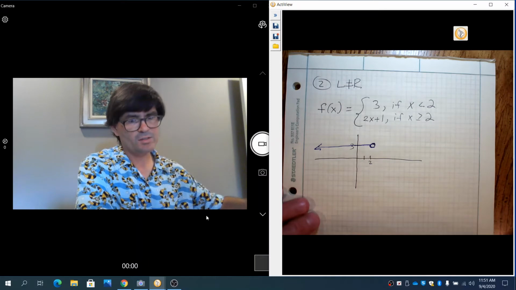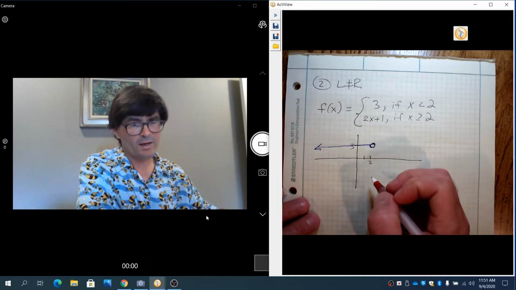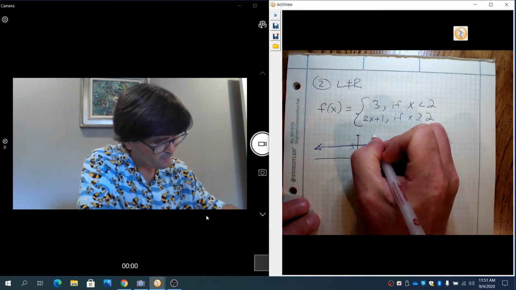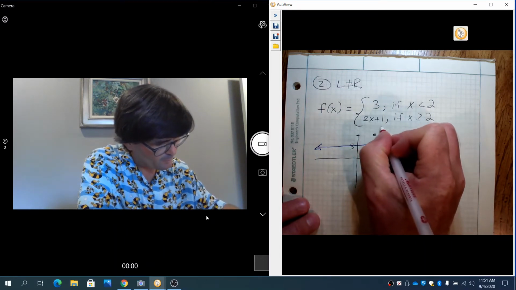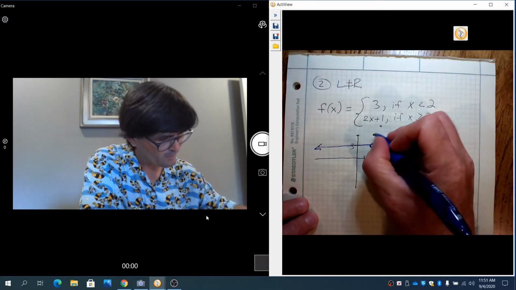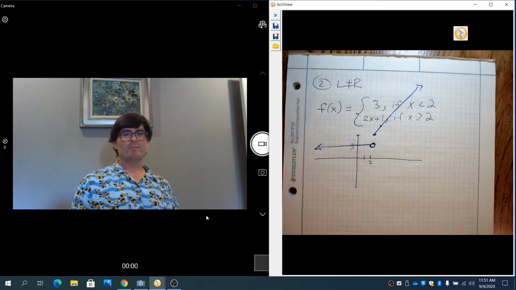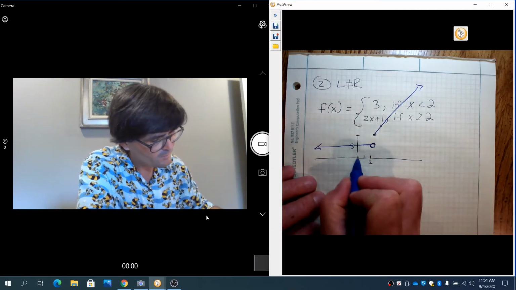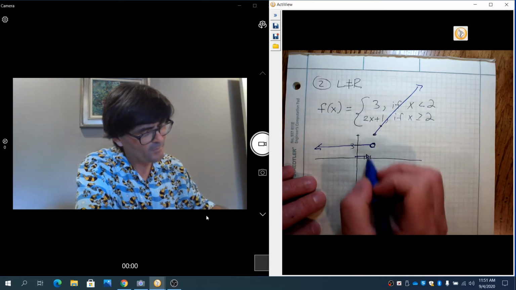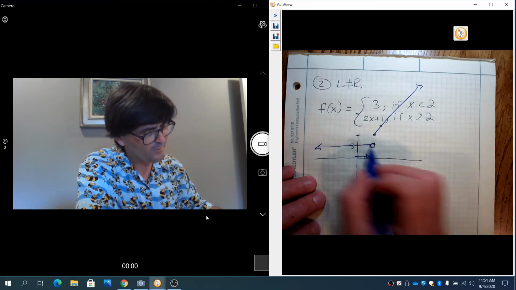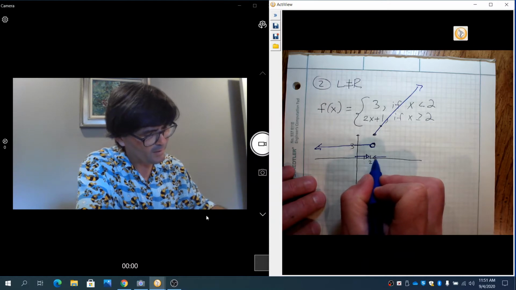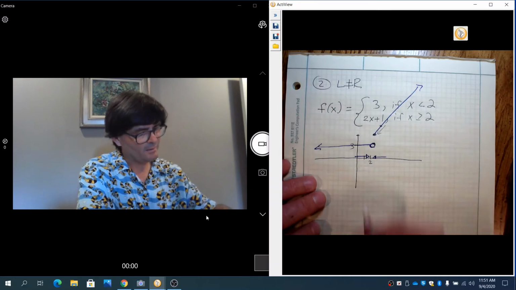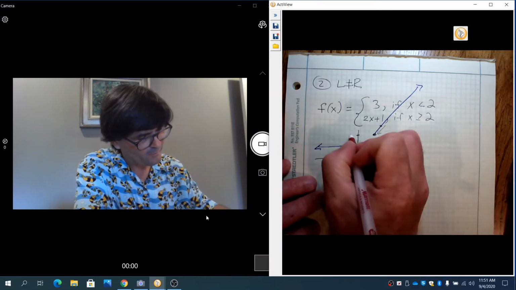Then for values close to 2 on the right, we would have a closed dot at 5, up 2 over 1, and the graph would do that. As we come close to 2 from the left, y remains at 3, and as I come close to 2 from the right, my function comes down close to the number 5.